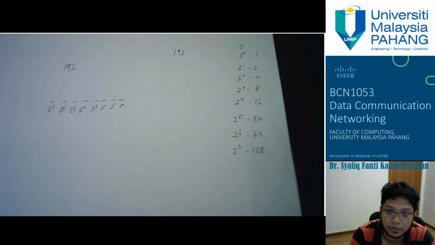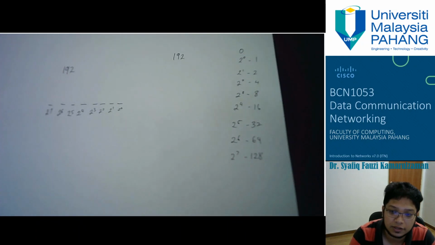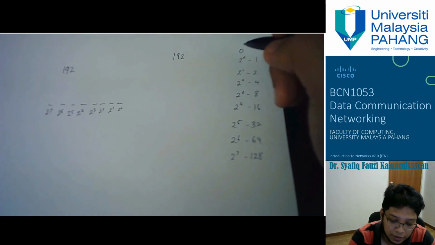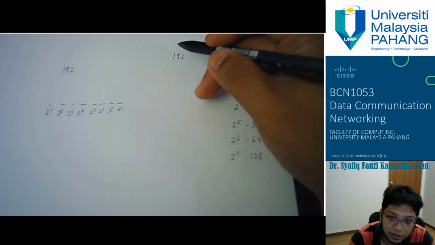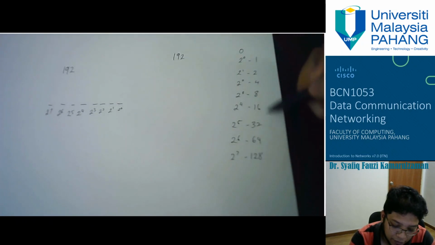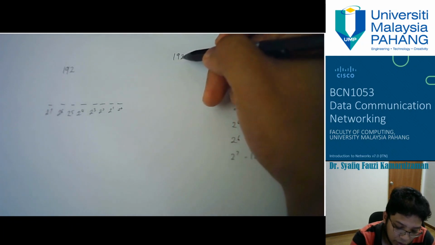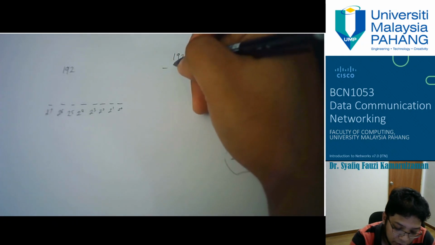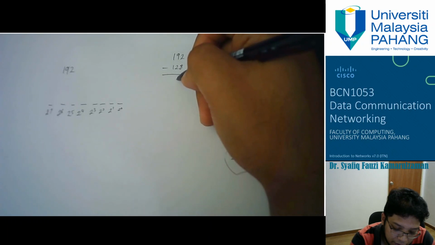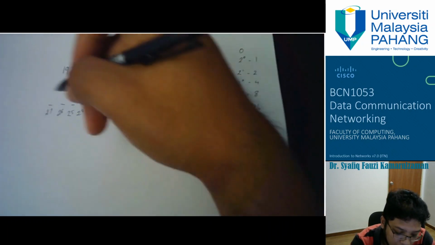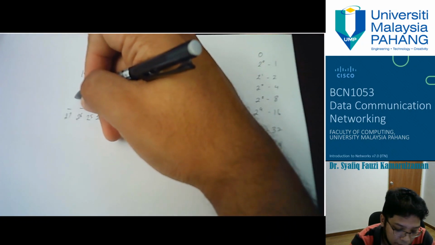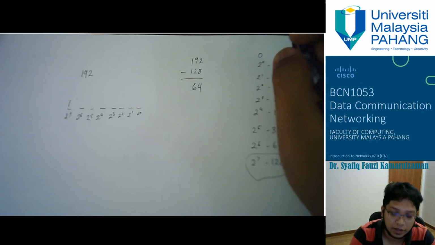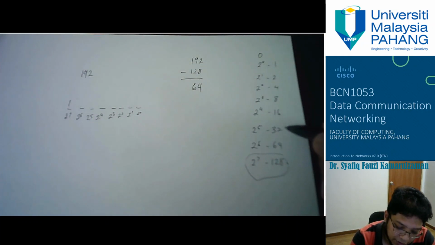So you subtract these numbers. You subtract the original number with the number from the table. For example, the closest number to 192 right now is 128. You subtract 128, which means you get a balance of 64. So 2 power of 7 will become 1. And then 64 is 2 power of 6.